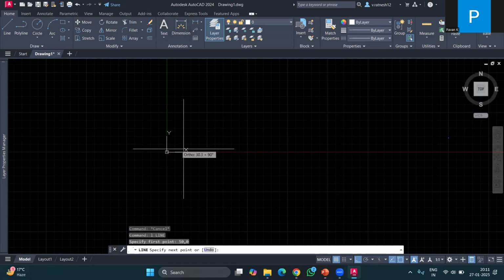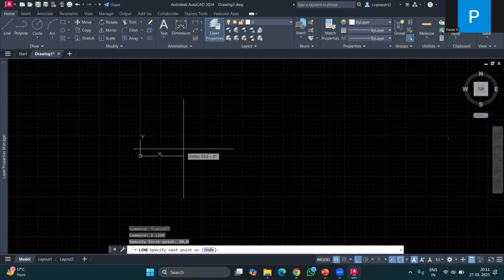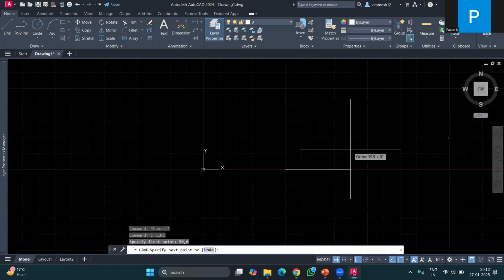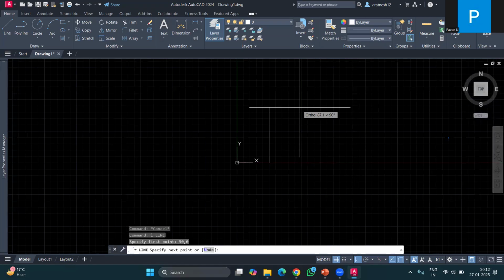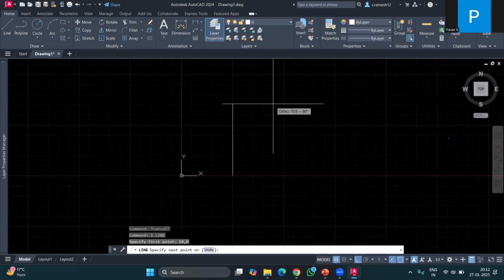So the X value is 50. You can see that there is a value 50 here. I can't use my cursor because it is activated now. You can see the position of this point here.